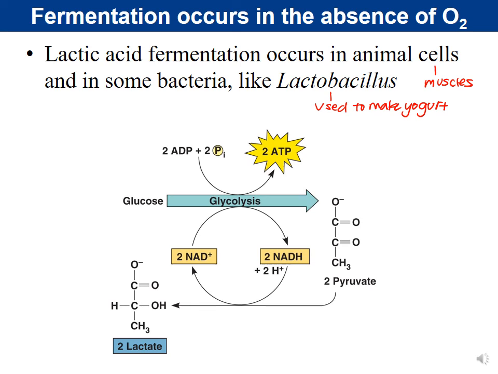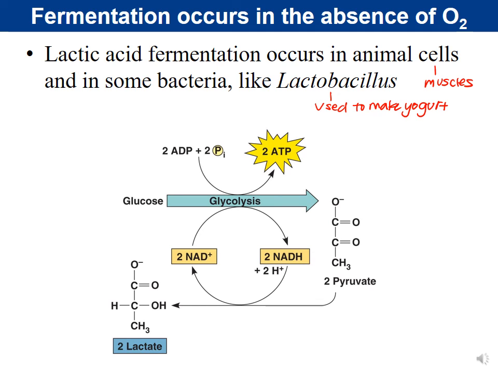So again, we still have glycolysis. And glycolysis, again, we're going to break down glucose into the 2, 3-carbon pyruvates. That process is also going to transfer electrons onto NAD+, and we get NADH. We also get 2 ATP by this process.